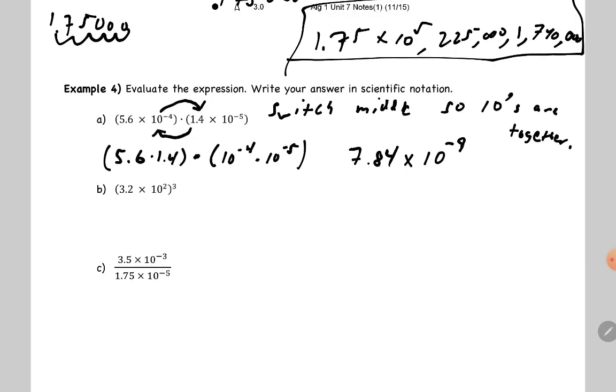Part B, 3.2 times 10 to the second, all to the third. So remember, we can distribute the power because these two numbers are being multiplied. So this is 3.2 to the third times 10 to the second times 3.